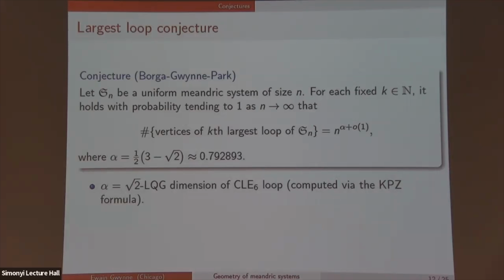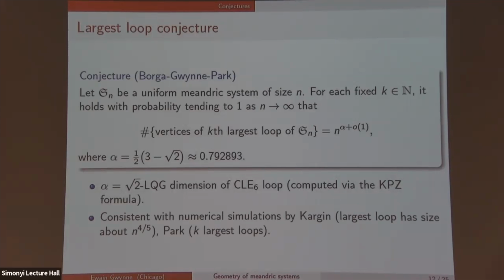So it can be viewed as a consequence, or a corollary, of the conjecture for the scaling limit. And this conjecture can be very easily checked numerically, because you can simulate large meandric systems, look at the size of the largest loop, and then look at how rapidly it grows.